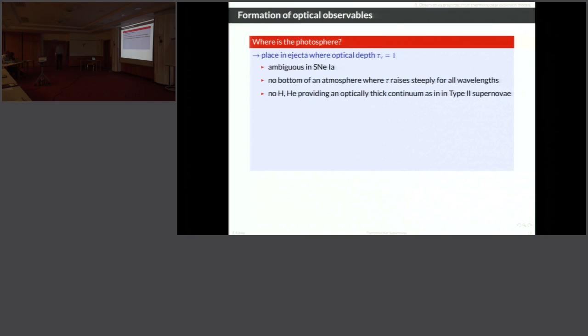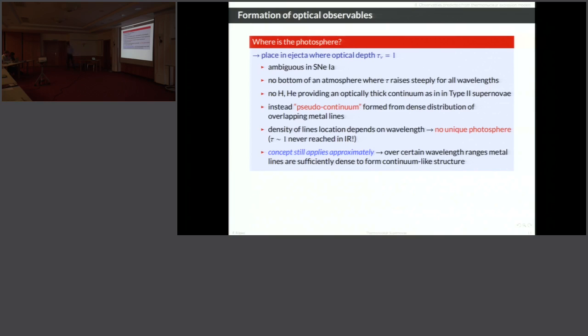And this can only be ambiguously determined in type Ia supernovae, because, as opposed to stars, there is no bottom of an atmosphere where the opacity rises steeply for all wavelengths. And also we don't have any hydrogen or helium that provides an optically thick continuum, as is the case for type II supernovae.